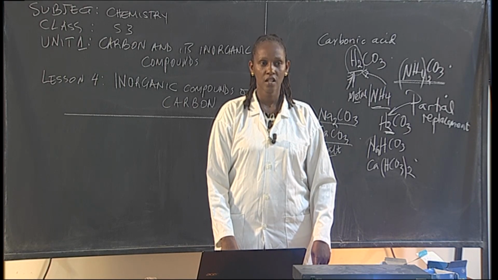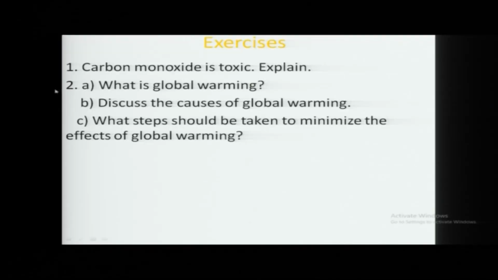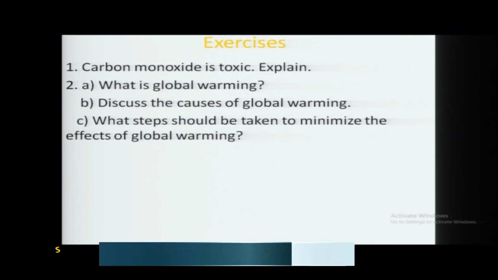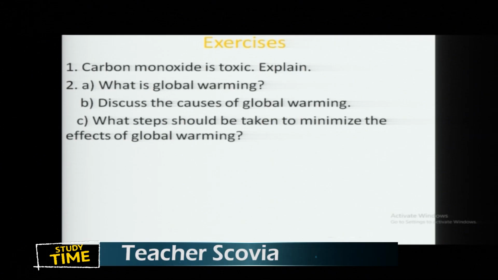All right? So the last question is, what steps should be taken to minimize the effects of global warming. We had seen some of the causes of global warming, all right?